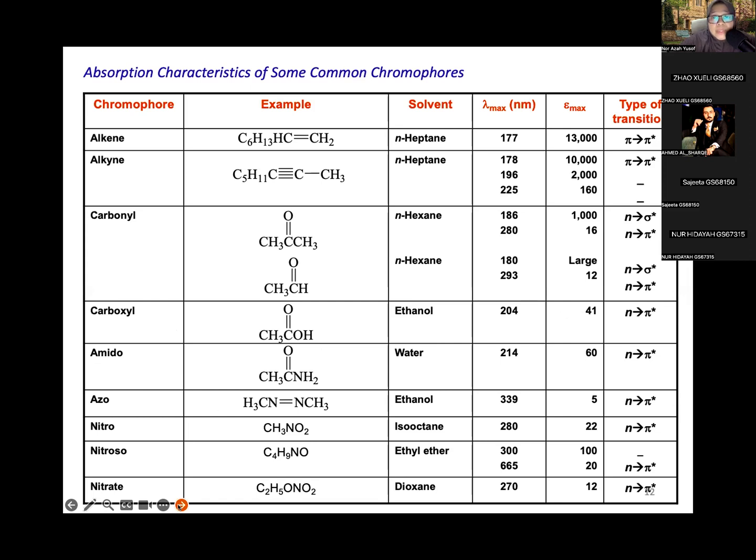Here is also an example of chromophores. Alkene, of course, has one double bond. Here we have a triple bond, and then we have carbonyl. So these are examples of chromophores. Let's say you want to do drug analysis, because chemical sensing is not just about portable devices.